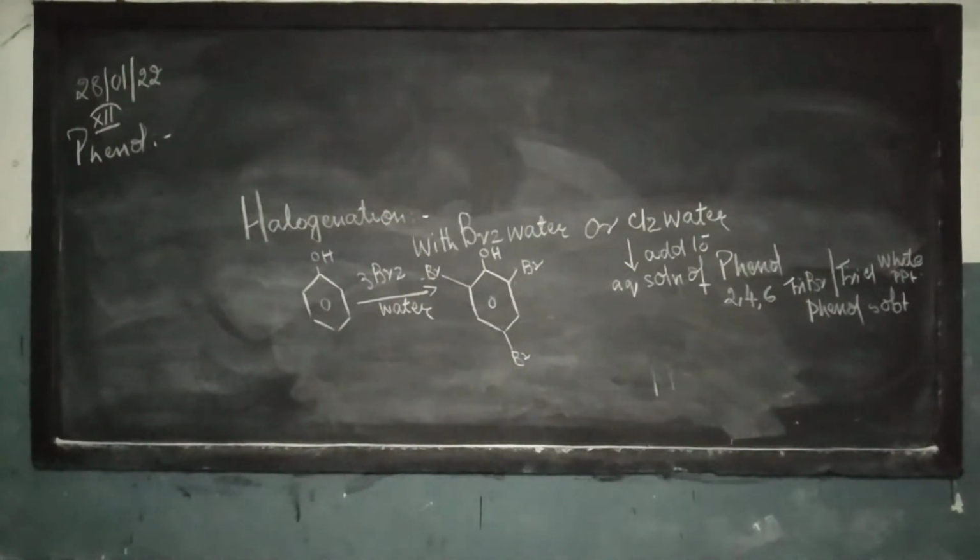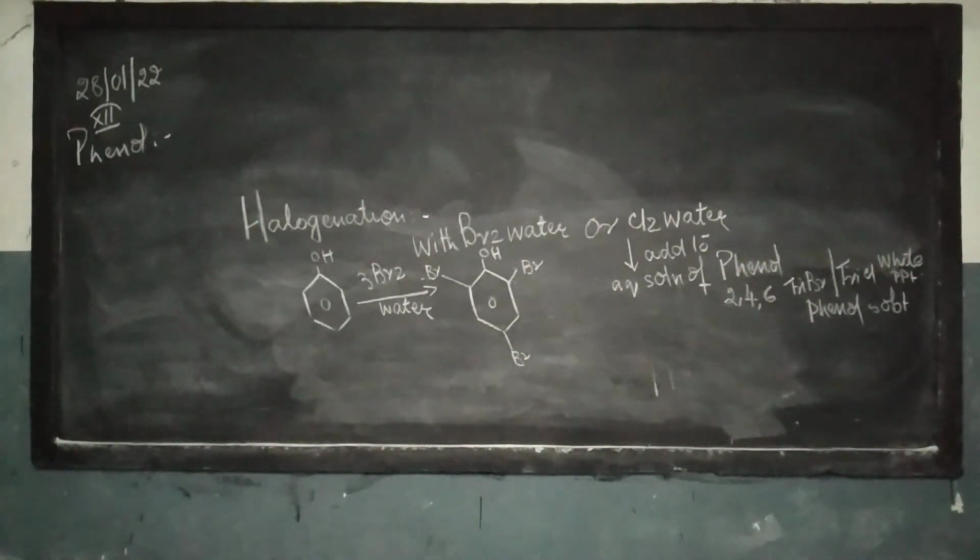Be careful. Our heading is halogenation. We are adding bromine water or chlorine water to an aqueous solution of phenol. A white precipitate of 2,4,6 tribromophenol or trichlorophenol is obtained.